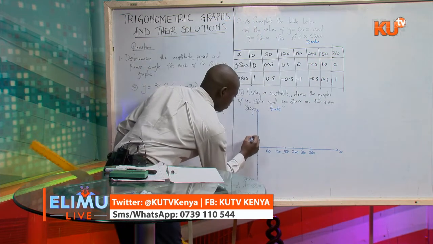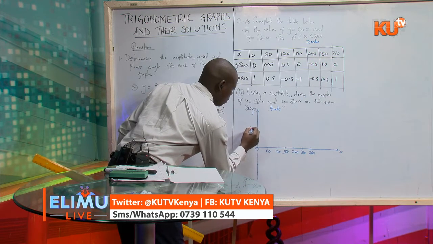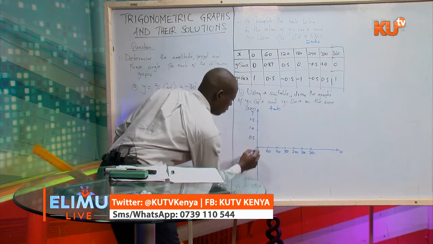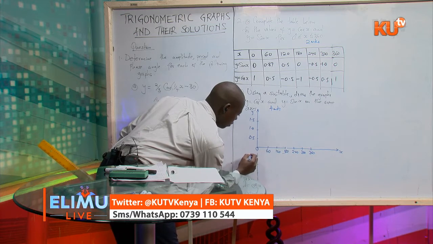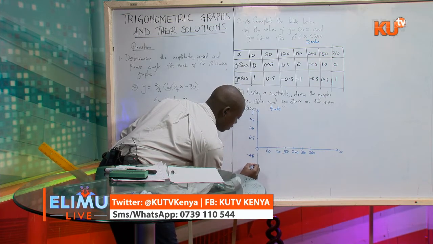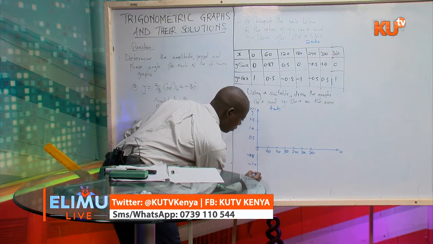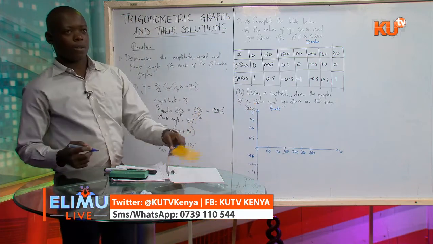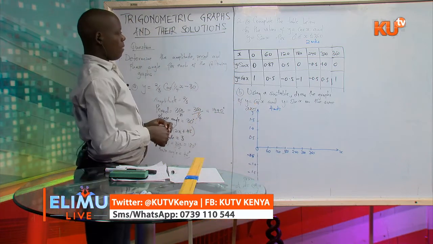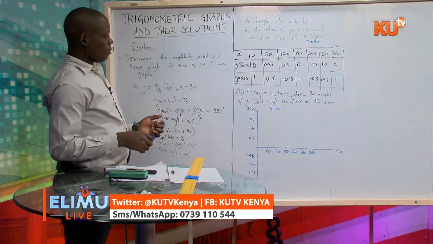So this becomes 0.5, 1.0, 1.5, negative 0.5, negative 1.0, and negative 1.5.